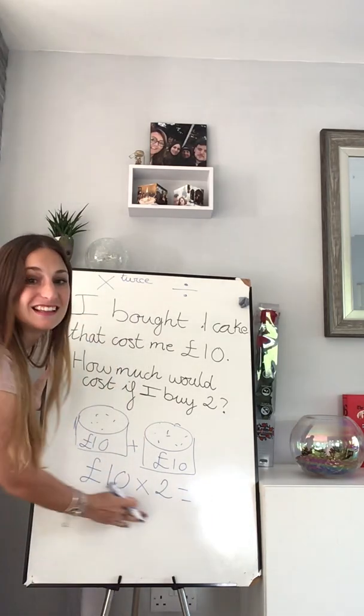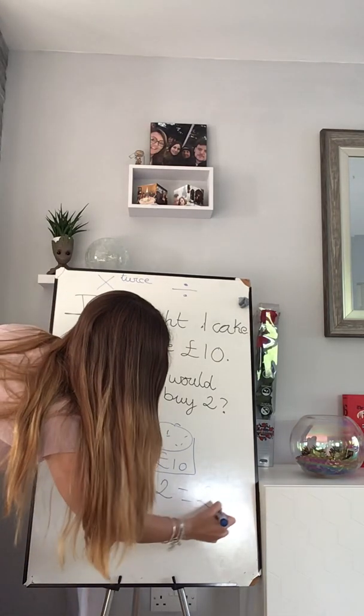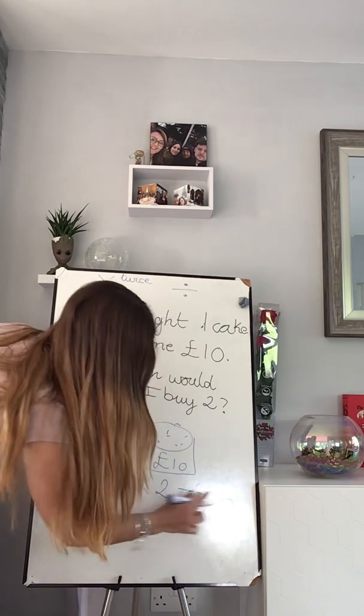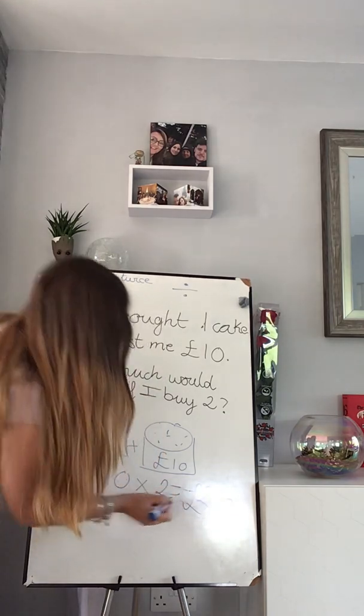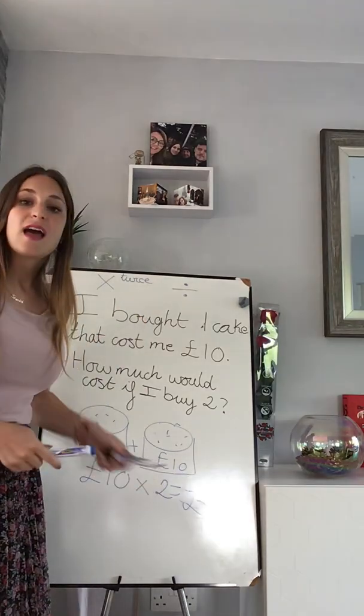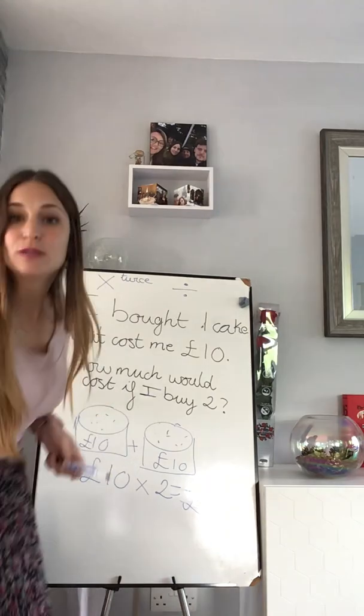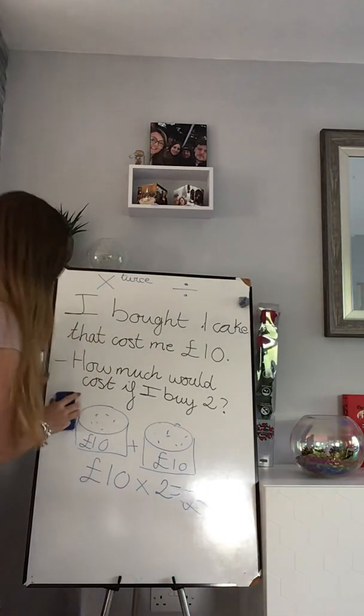Okay, 10 times 2, 2 times 10, £20. So we have now already that twice. I'm buying it more times, so I need to use multiplication. Well done.